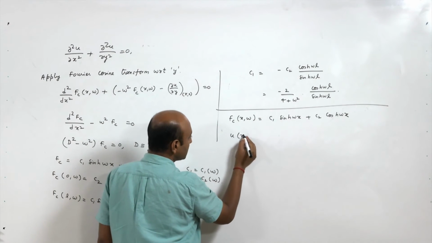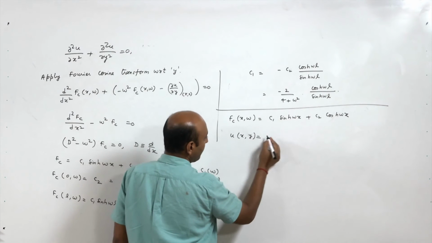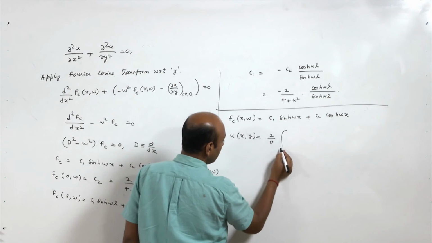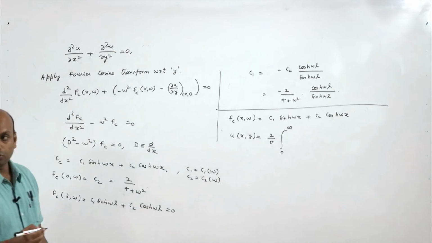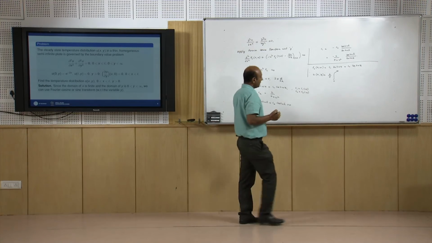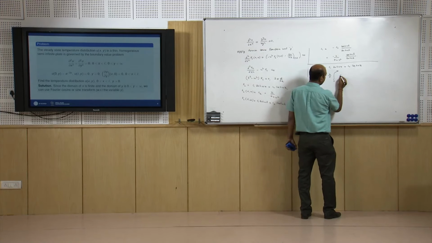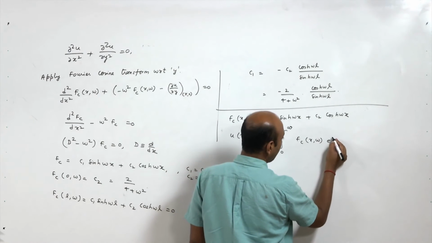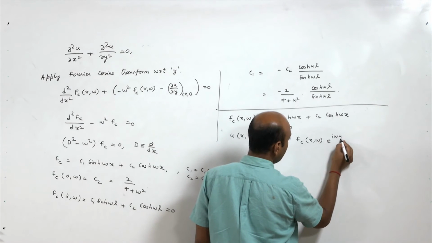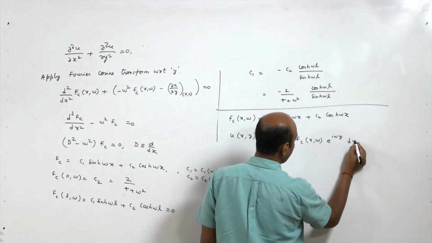So, u(x, y) will be nothing but 2 upon pi integral 0 to infinity, and that will be F_c(x, omega) into e to the power i omega y into d omega.